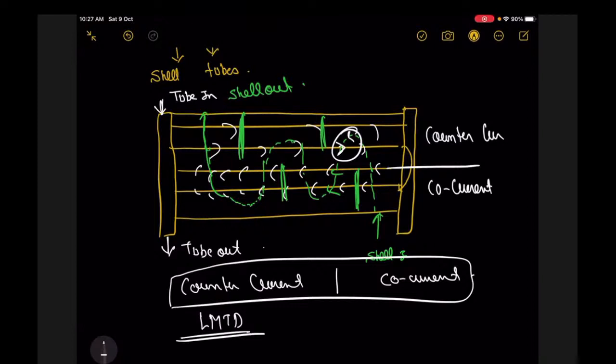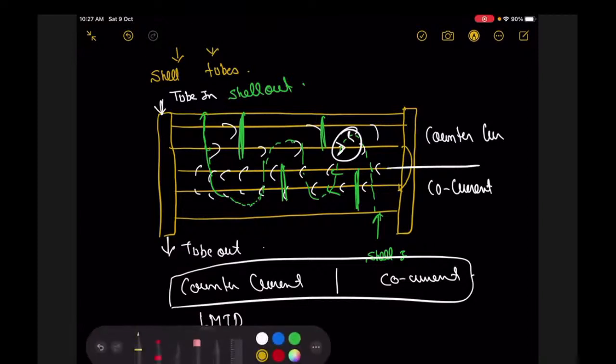Have you got this point? Overall, there will be a decrease in the LMTD. Okay. Then what is the benefit here?